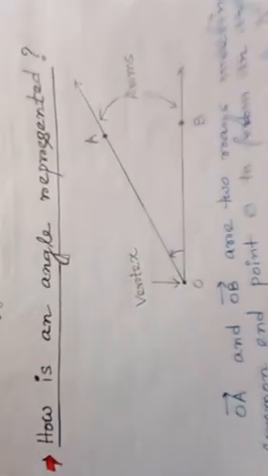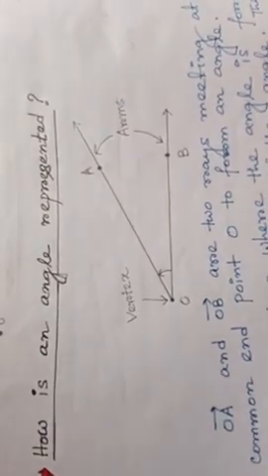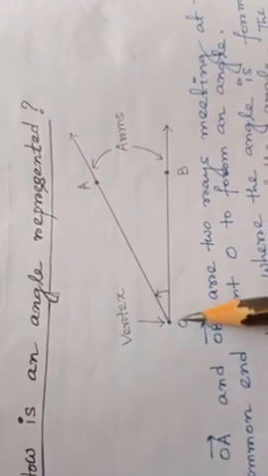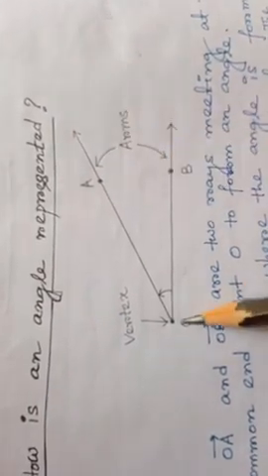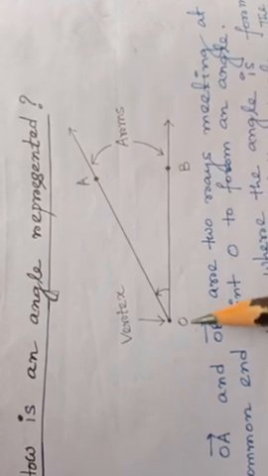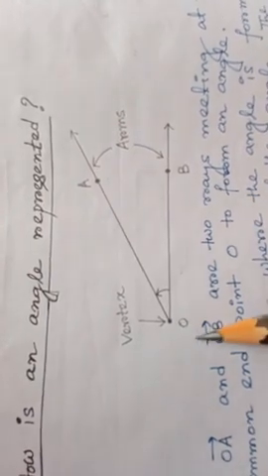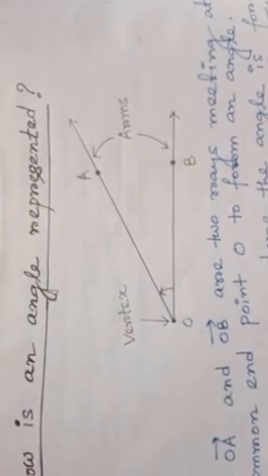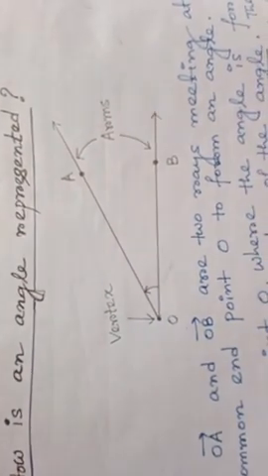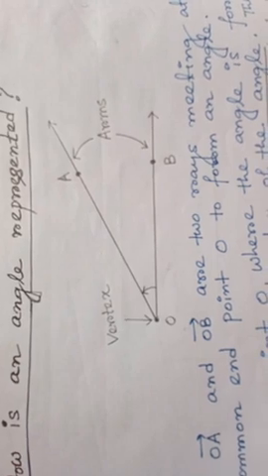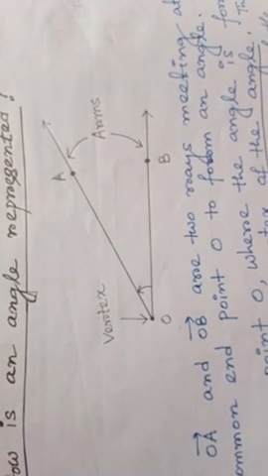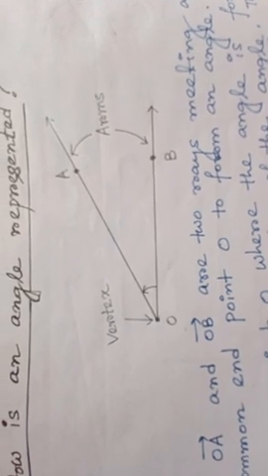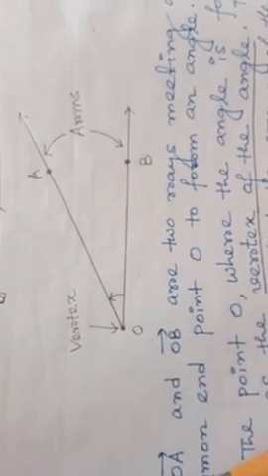Now the important thing is how an angle is represented. Consider OA and OB as two rays meeting at the end point O to form an angle. As I told you in the definition, an angle is also formed when two line segments or two rays meet or cross each other. Here I am taking OA.